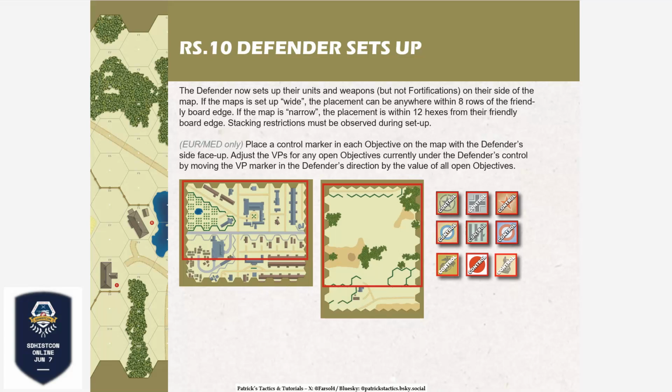Because if through a random objective draw you pull out the open objective, which makes objective 5 now worth 10 points, if you take it from the other person, it's worth 10 points, which means it's a 20-point swing, and that can be a backbreaker in any game of Combat Commander, but especially in an RSG where you start potentially right about zero or within a few points of zero. So you always want to identify where that is on whatever map you're playing on. If you're the defender, you want to defend it like grim death. And if you're the attacker, just know that it may be worth nothing at the beginning, but it may be a sizable amount of points at some undetermined point of the game.